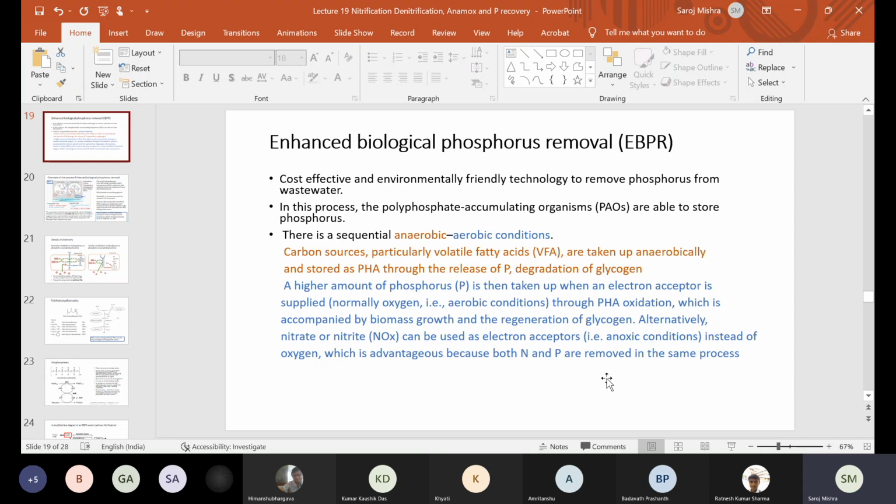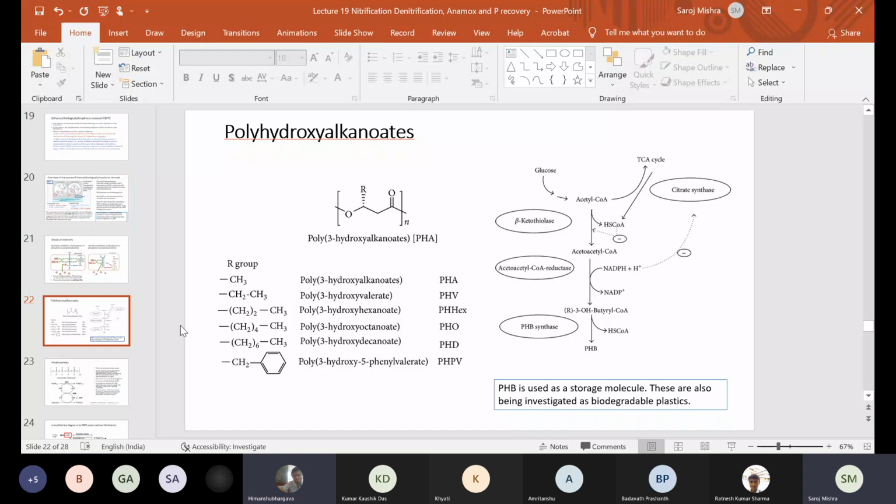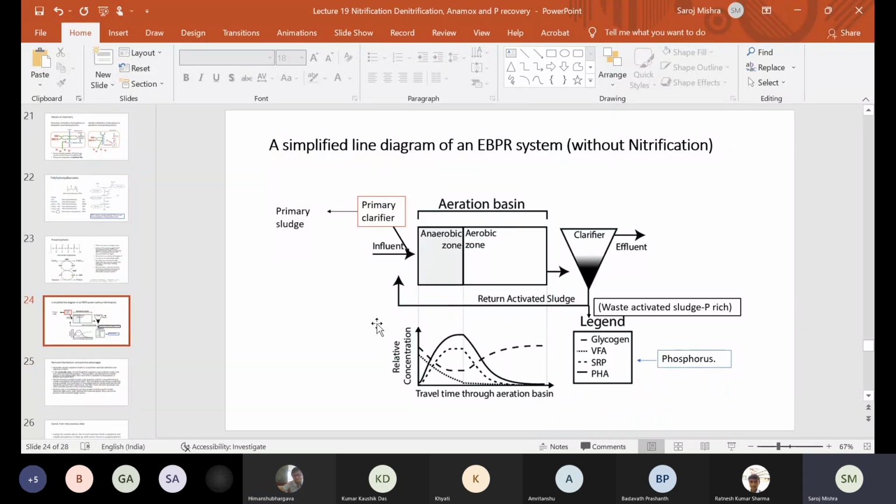If you put nitrate, like it says here, alternatively either a nitrate or a nitrite can also be used as an electron acceptor, which are called anoxic conditions instead of oxygen, which is advantageous because now both nitrogen and phosphorus can be simultaneously removed in the same process. That process is nothing but denitrification. Try to understand, because that's the golden key here.